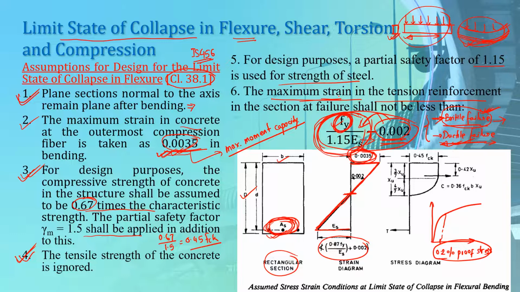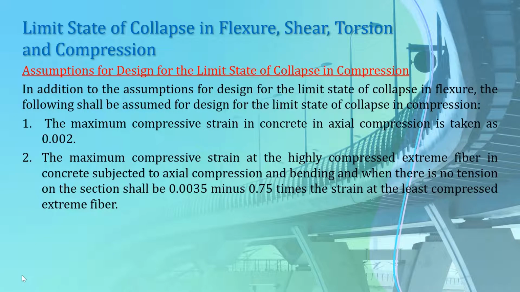So these 6 are the assumptions for design for the limit state of collapse in flexure. And we will use these assumptions in our next chapter when we look at the limit state of collapse in flexure and the analysis and design of our beam sections for flexure or bending moment. Similarly, we have the assumptions for the design for the limit state of collapse in compression.